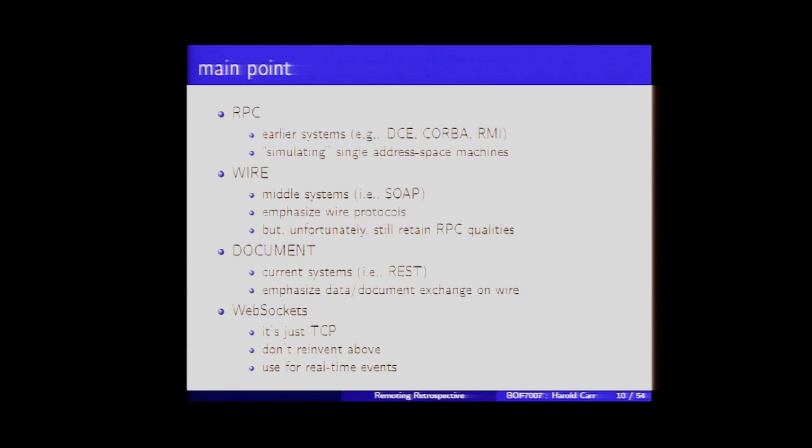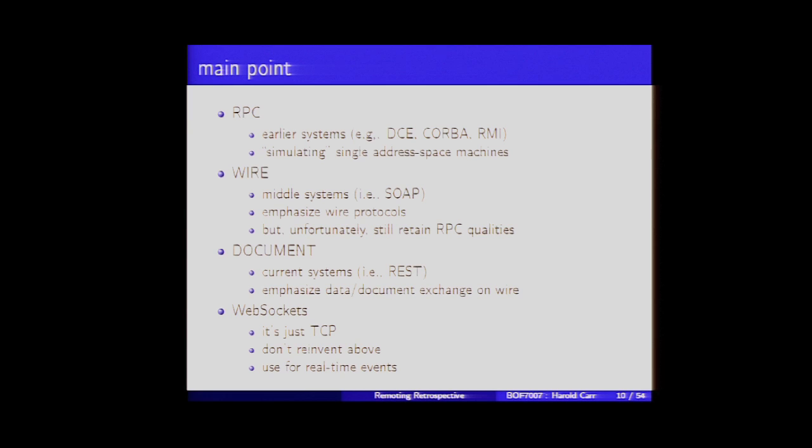So then REST took it another step further and in a good direction. It says not only do you think about the wire, but you don't want to think about it in terms of RPC at all. You just want to have this message that you send, this document you send across, and that's what you deal with. And that turns out to be a better model for a lot of things.